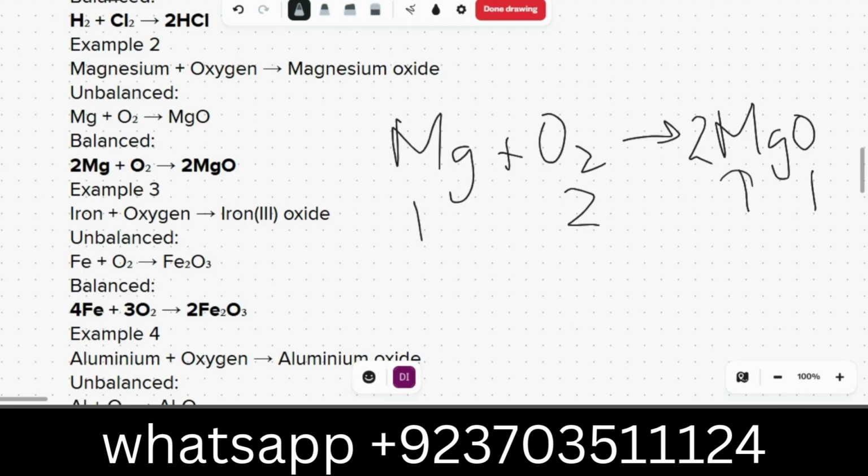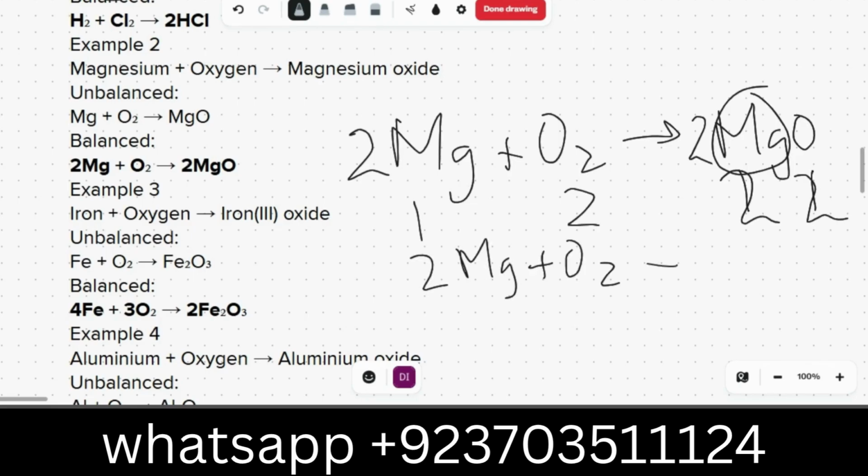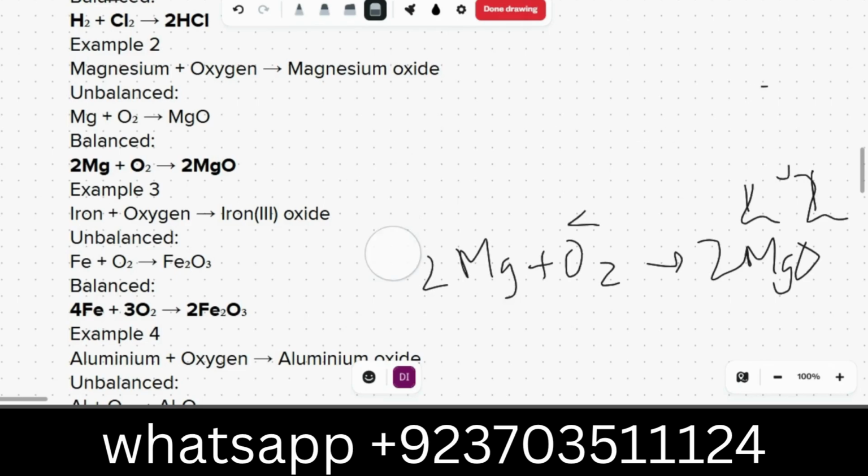We will multiply this by 2, so both of them will be 2. So now we have 2 magnesium here and 1 magnesium on the other side. Now we will multiply this side by 2, so that will become 2 Mg plus O2 gives us 2 MgO.